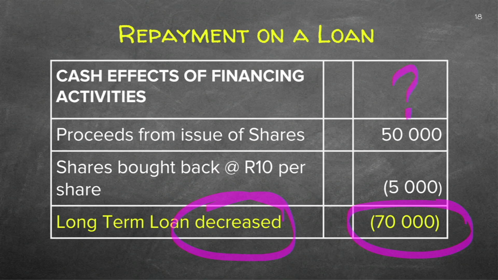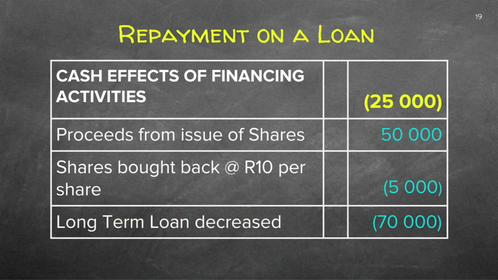And so let's just have a look here, and we can see that 75,000 Rand flowed out of the business, but 50,000 flowed into the business. And so we can quite comfortably say that 75,000 minus 50,000 means there was an outflow of money to the value of 25,000 Rand.